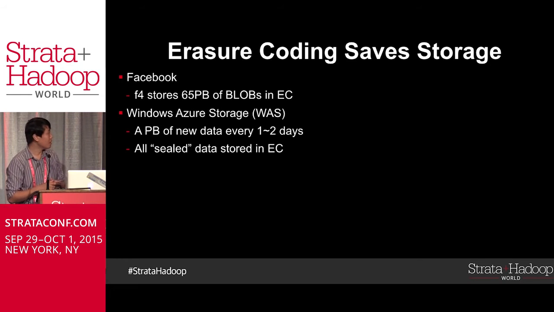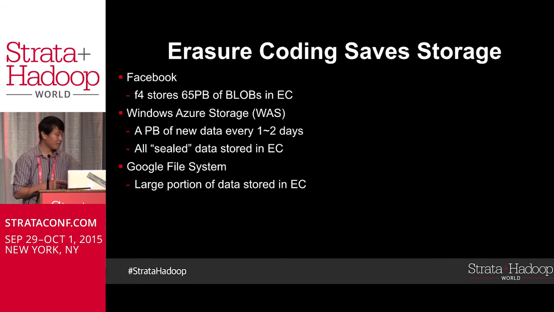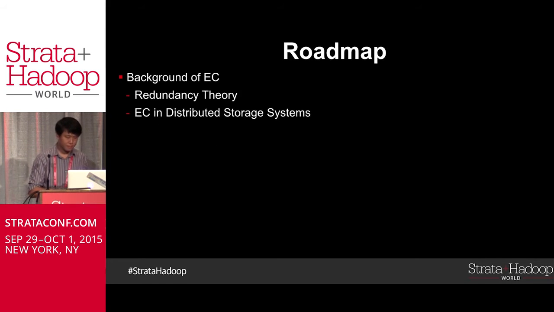And Windows online storage has 1 petabyte of new data every 1 or 2 days, and they store all sealed data, meaning data that is not actively updated, in erasure coding form. And Google File System is an early adopter of erasure coding, although no concrete data has been published, but we know that they're storing a large portion of data in erasure coding form.